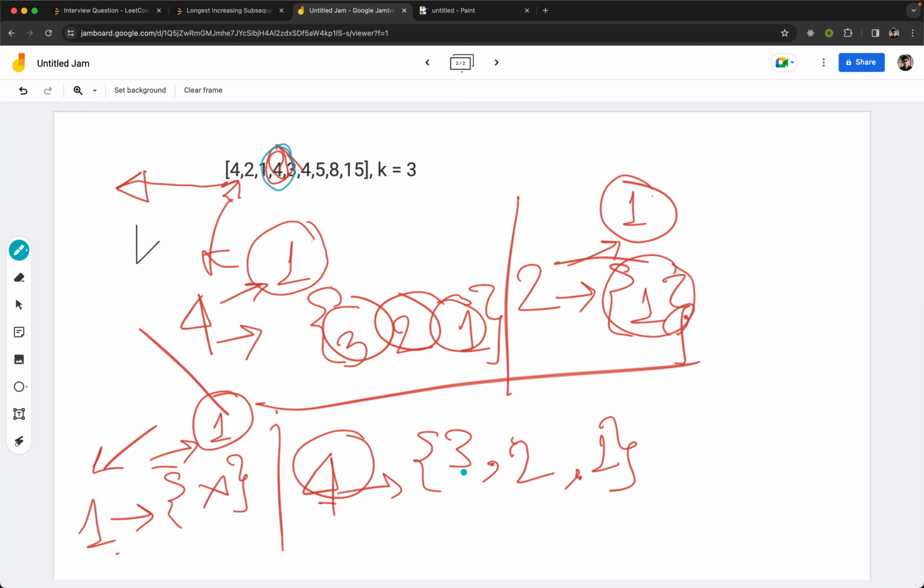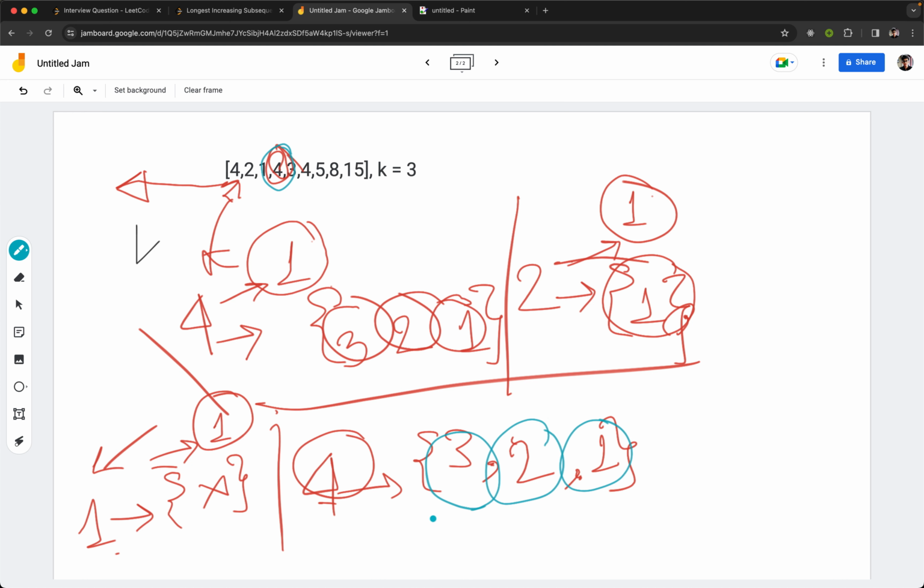Before that, which elements can we choose? We can basically choose 3, 2, 1, right? Now from this range, which elements would we be choosing? We would be choosing the elements which could basically form a maximum length, right?